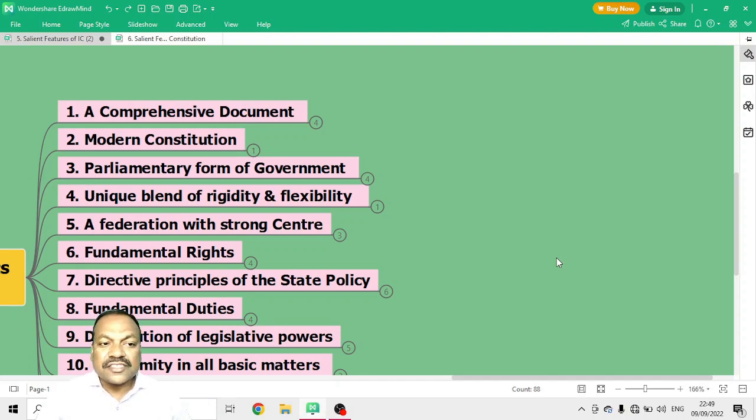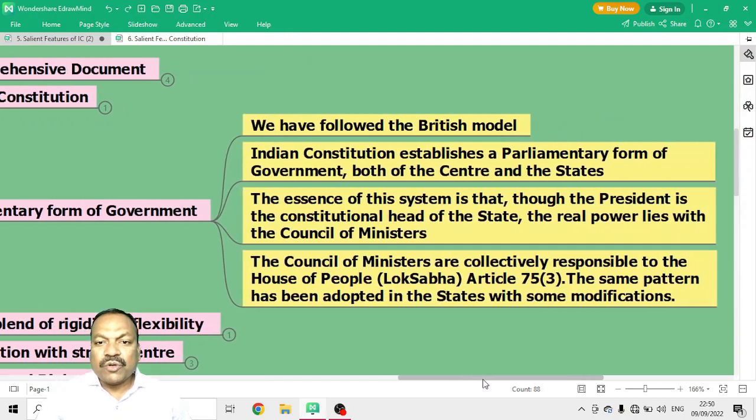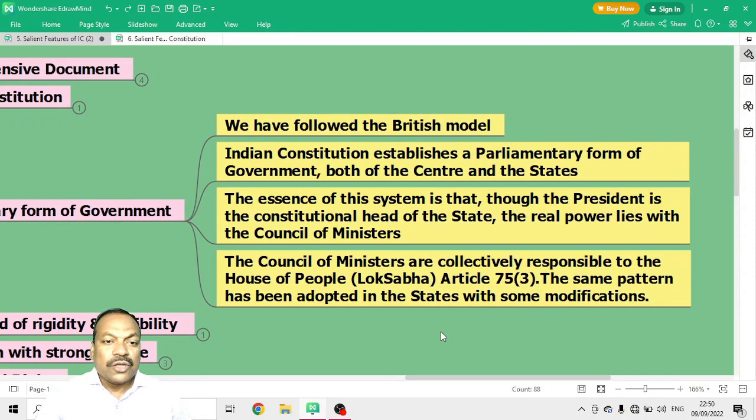Now, the next characteristic which we are going to see here is the parliamentary form of government. Our constitution is following the parliamentary form of government as we have followed the British model. The Indian constitution established a parliamentary form of government both at the center and at the states.